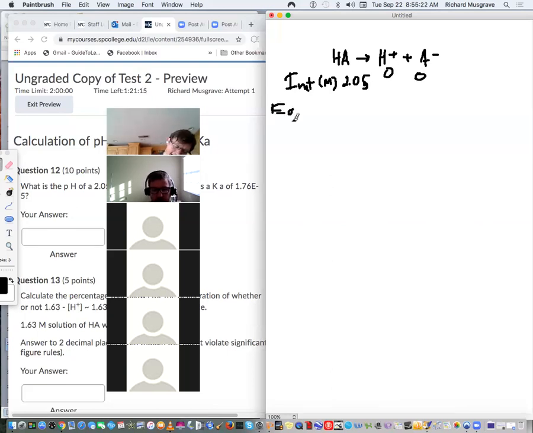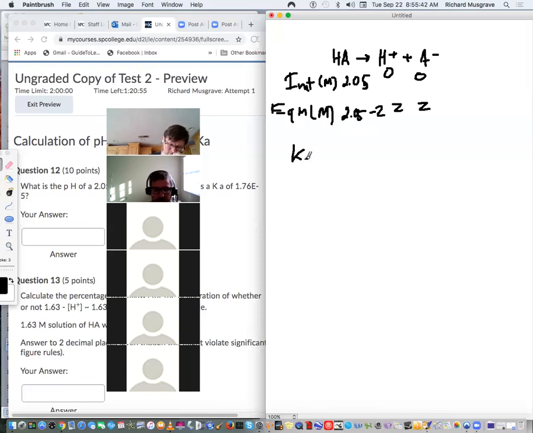At equilibrium we've got 2.05 minus Z and Z and Z. All right, does anybody have any questions so far?